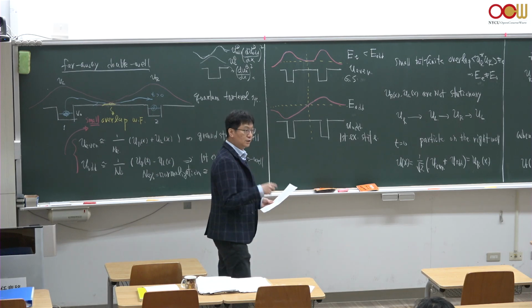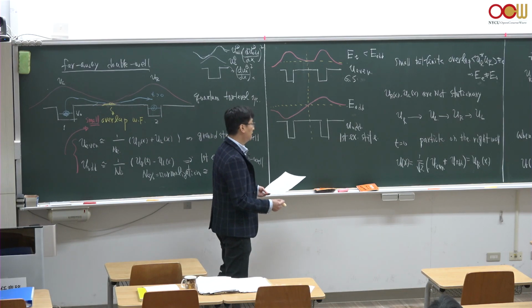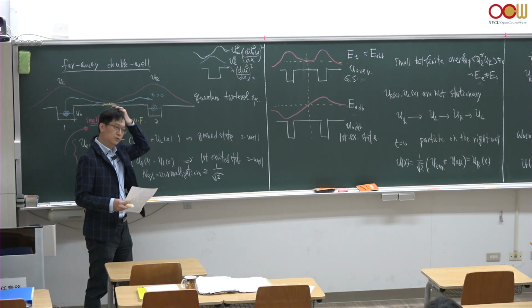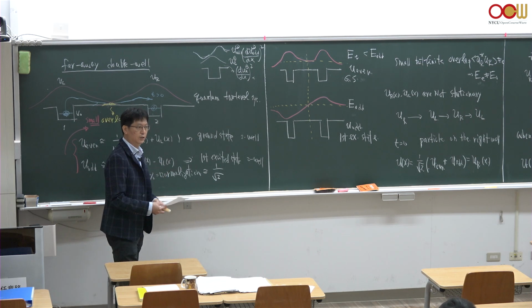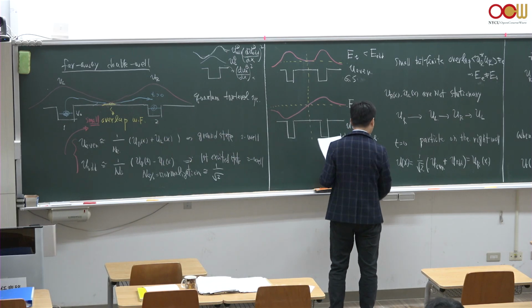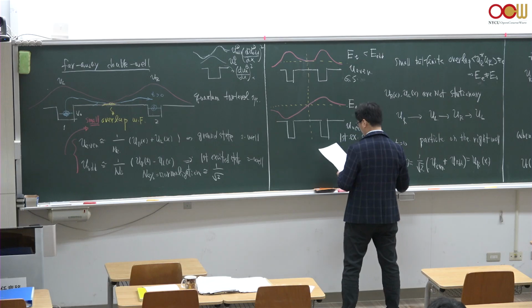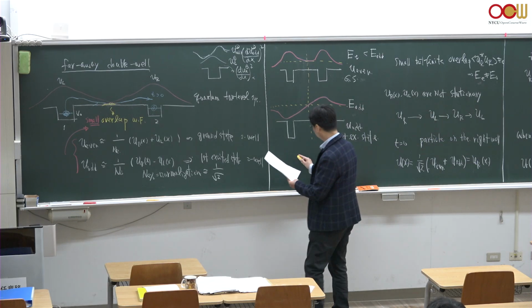All right, and this phenomenon is real, because you can see many physical and chemical systems show such quantum two-well nature or quantum two-level structures. Our textbooks show a very well-known example, which is ammonia, NH3.